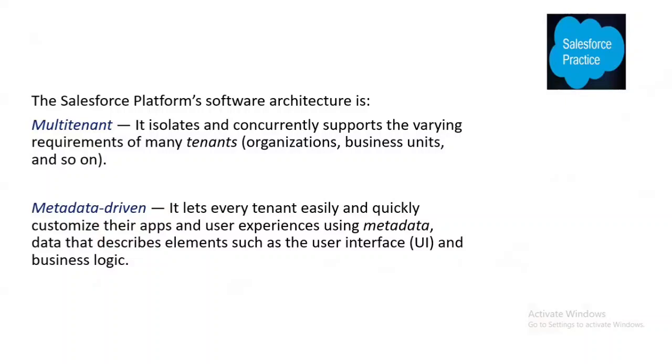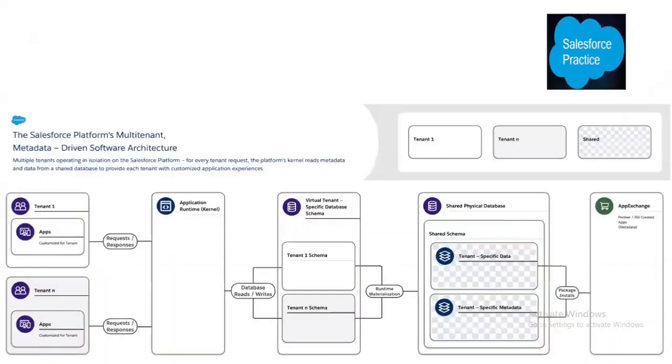Let's discuss in more depth so you will understand better. You can focus on this platform. We have multiple tenants here: tenant 1, tenant 2. Tenant means your company, your organization. They are using different applications.